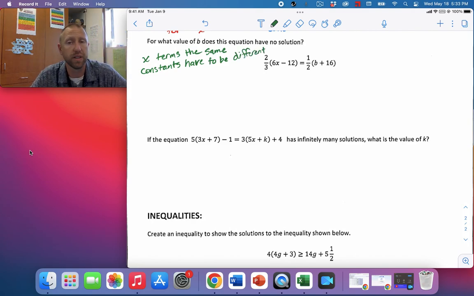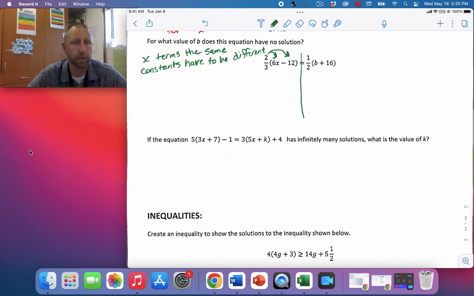So let's simplify this the best that we can. I've got 2/3 times 6x minus 12 in parentheses, and then on the other side 1/2, multiplied by b plus 16 in parentheses. The left-hand side doesn't have the b, right?